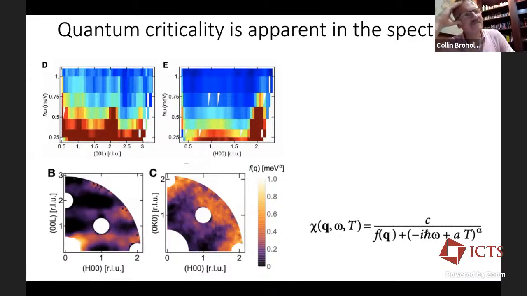The idea is that there was nothing that was being tuned in this compound. This is a stoichiometric compound, and so finding something which is critical at stoichiometry means either you're very lucky and you just landed specifically at the critical point, or there should be some kind of phase surrounding that condition, maybe as a function of doping or as a function of pressure, where the material would be expected to remain critical.